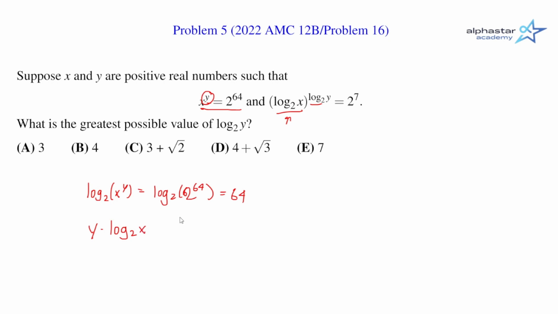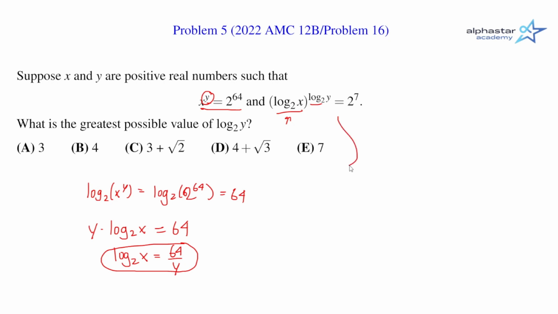Remember that we can take powers out of logarithms to get this. And we can even write something nicer like log base 2 of x is equal to 64 over y. So now we actually have a nice expression for log base 2 of x in terms of just y.